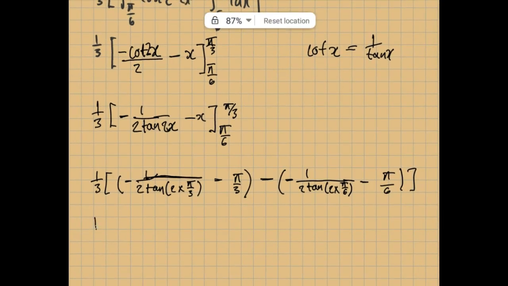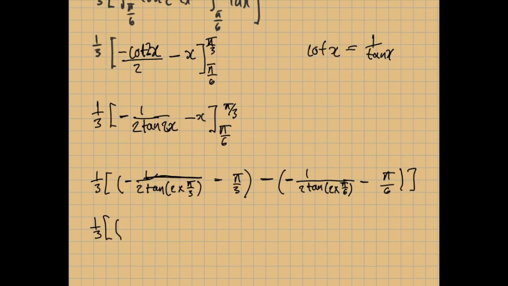Now you can just punch in your calculator and you get 1/3 multiplying the first one, which is 1 over 2 tan of 2 pi divided by 3, right?